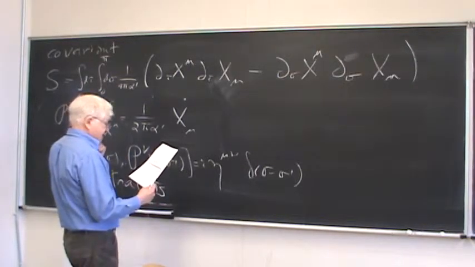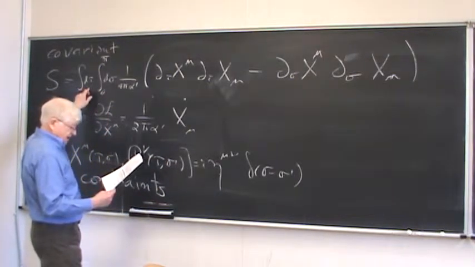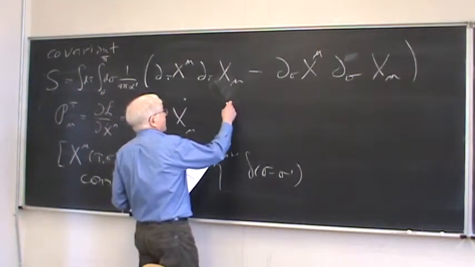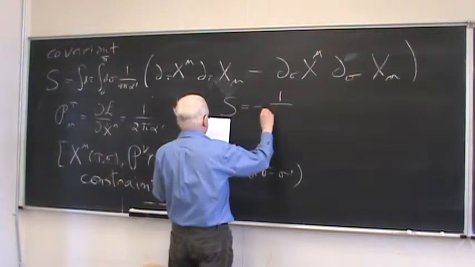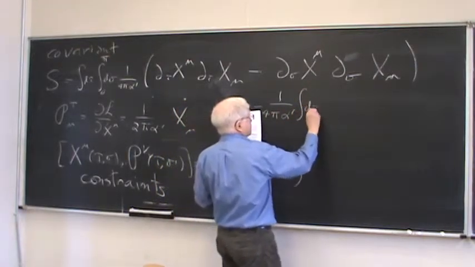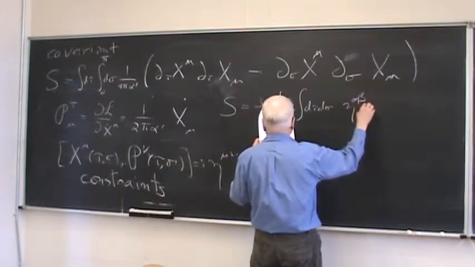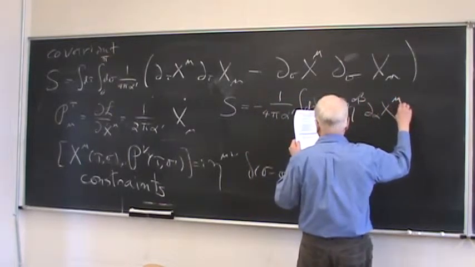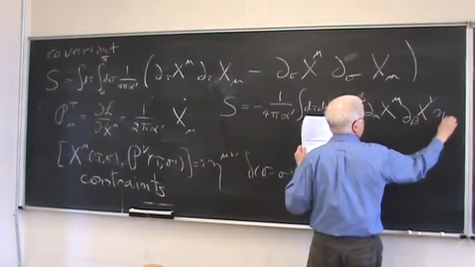What one basically does is write this action in a more suggestive form. One writes S as minus 1 over 4 pi alpha prime integral d tau d sigma, and now eta alpha beta d alpha x mu d beta x nu eta mu nu.